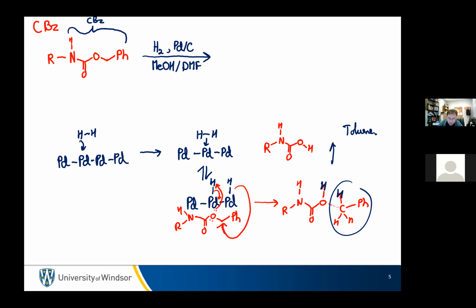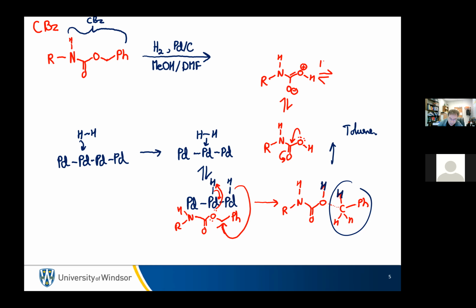There's nothing anchoring it, and it's really easy for us to draw. I'm just gonna do this stepwise. Something like that.